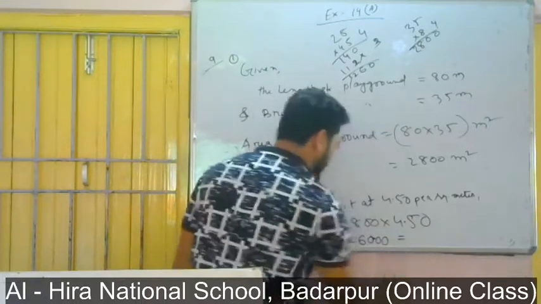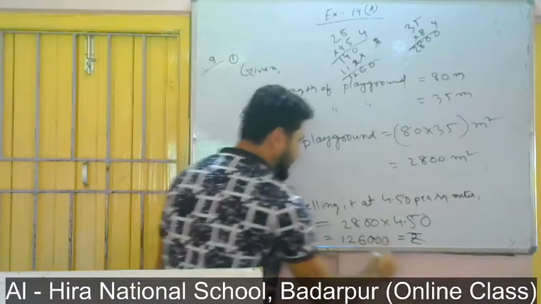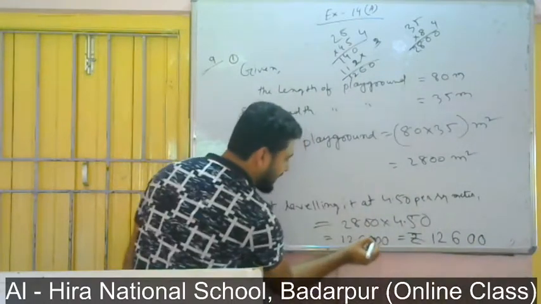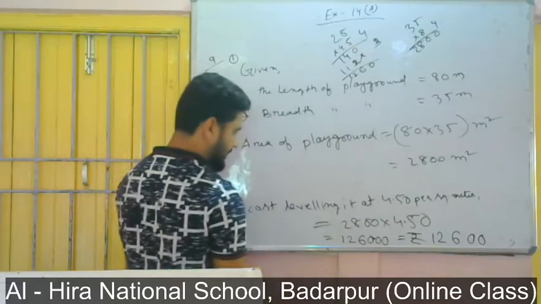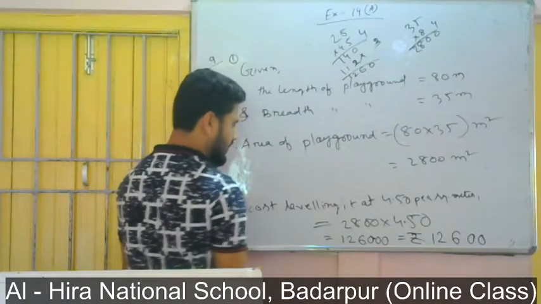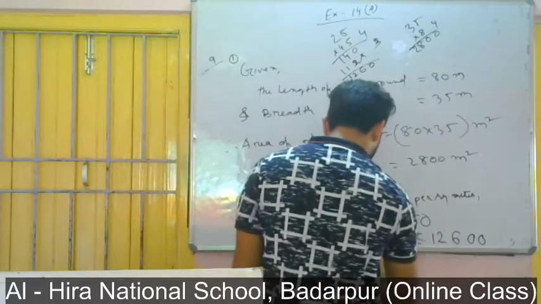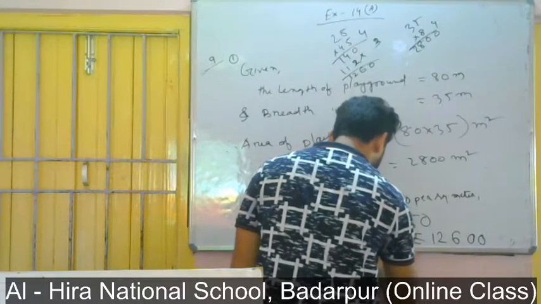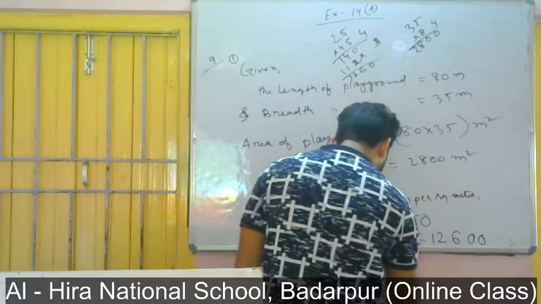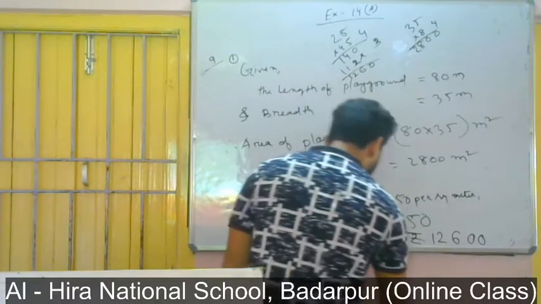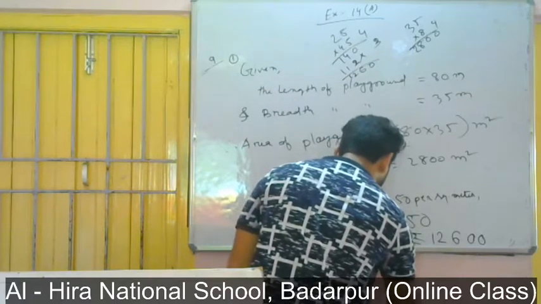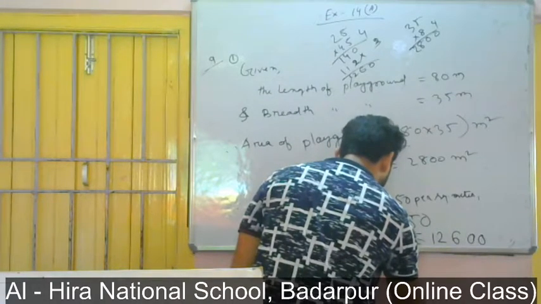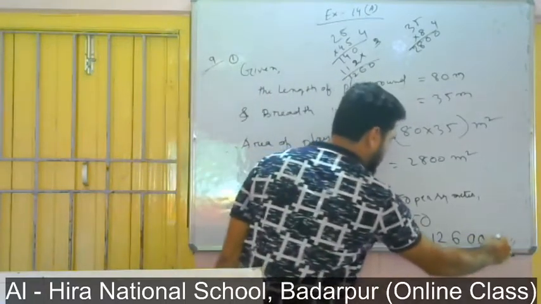So you can write directly rupees 12600. That is the answer.